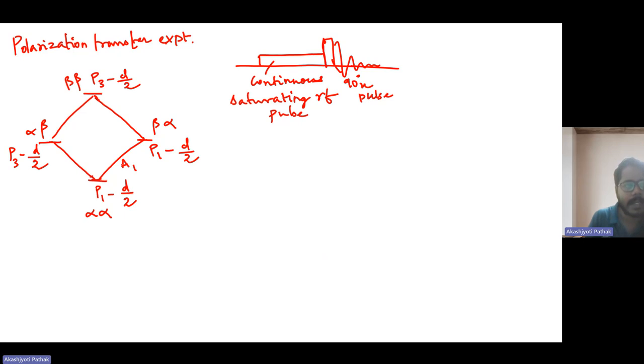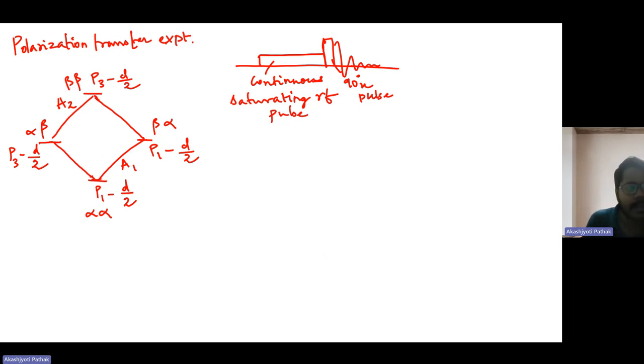So that's why it is denoted by A1 transition. And from alpha beta to beta beta, the A spin state is again changing from alpha to beta. So this is denoted by A2. So the net transitions of the A nucleus spin system are A1 and A2.